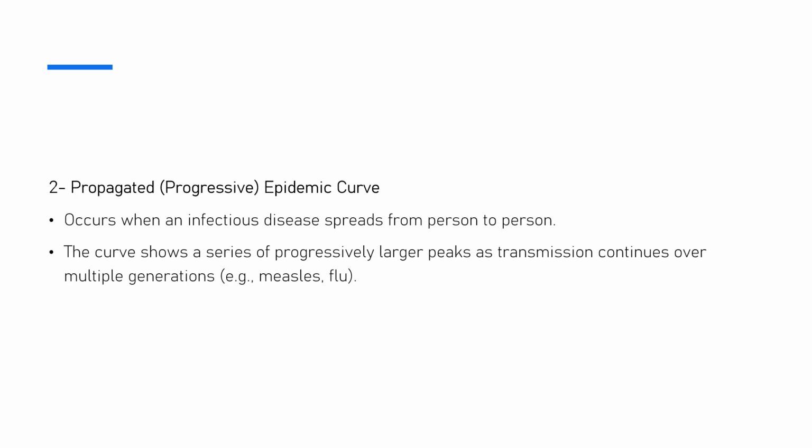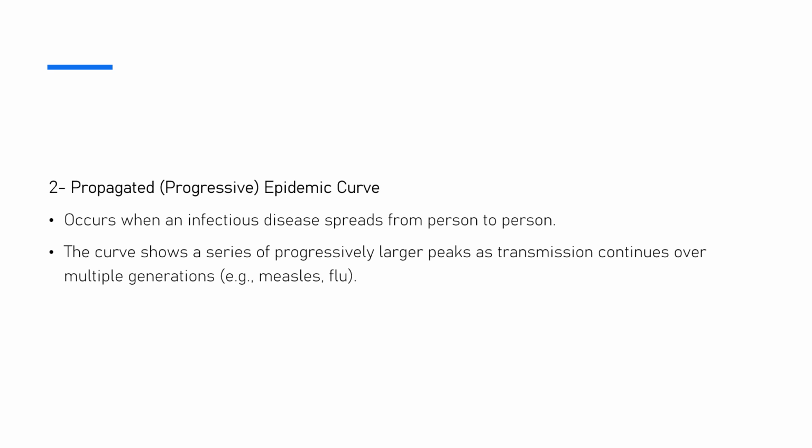The propagated or progressive epidemic curve mostly occurs when the infectious disease is spread from person to person. The curve shows a series of progressively larger peaks as transmission continues over multiple generations.